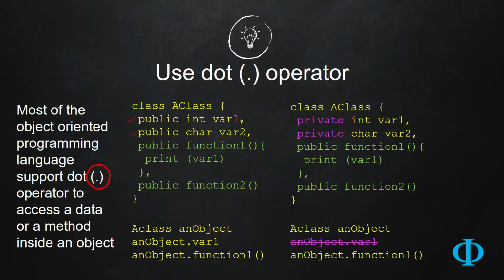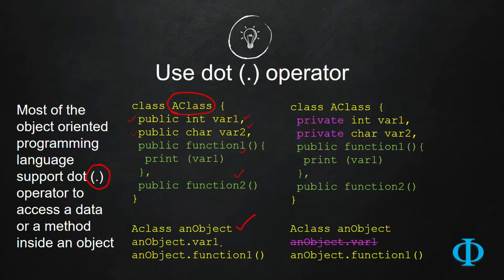Here we have two different variables, var1 and var2, and then we have function1 and function2 defined inside this class called a class. Now, in this line, we have defined an object of a class. So an object is an instance of the class called a class.